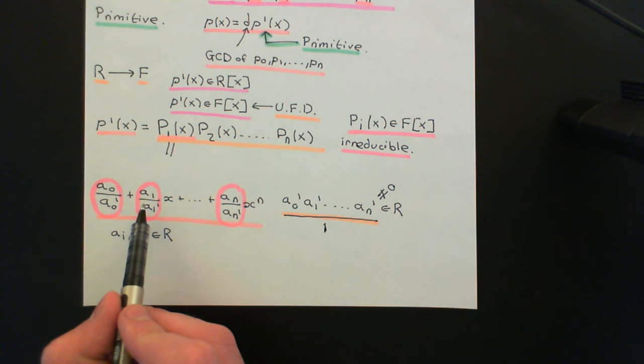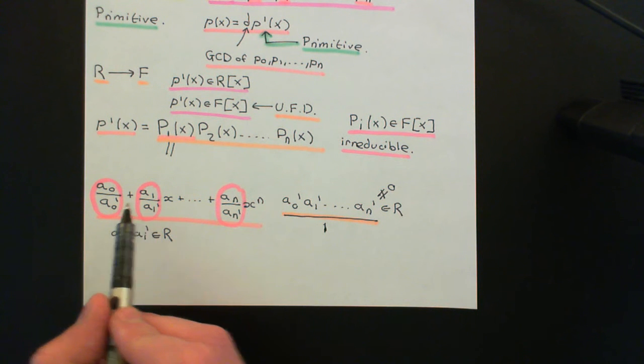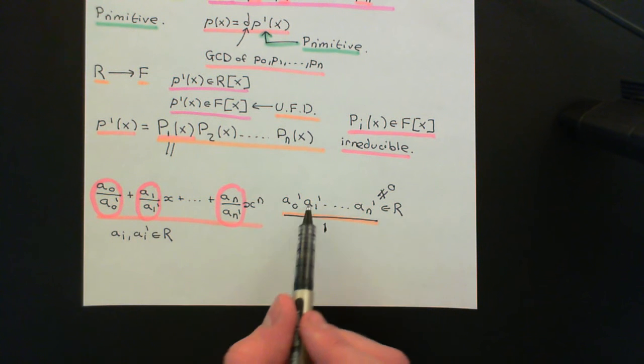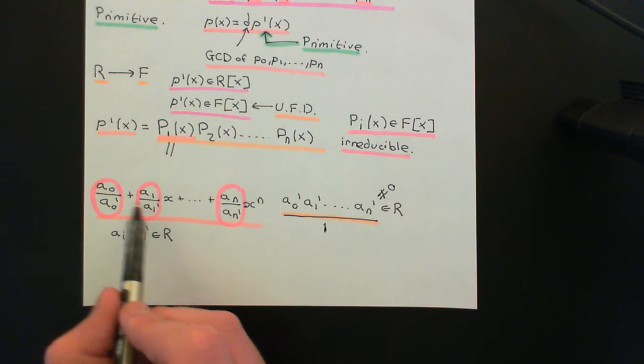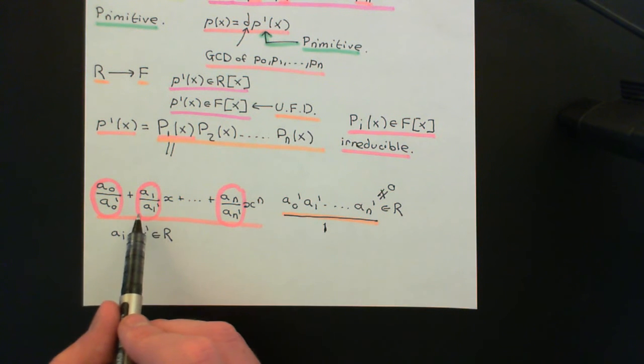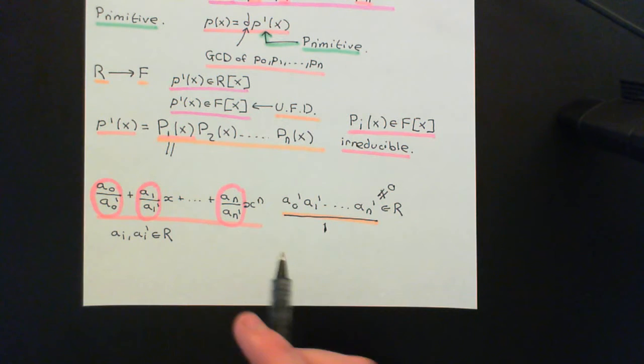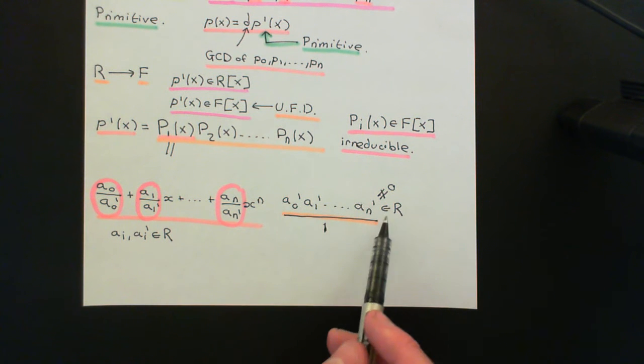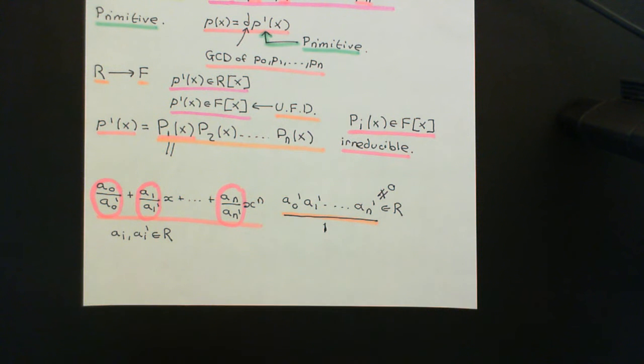You might as well take this representative here, and then you'll find another fraction that's in the same equivalence class as it, which will have cancelled out, in this case, a1 prime with the a1 prime in the denominator. And then you'll reduce it back to something of the form, some element of the unique factorization domain over 1. That's me spelling out exactly in full rigour what you're doing in the fraction field, capital F.